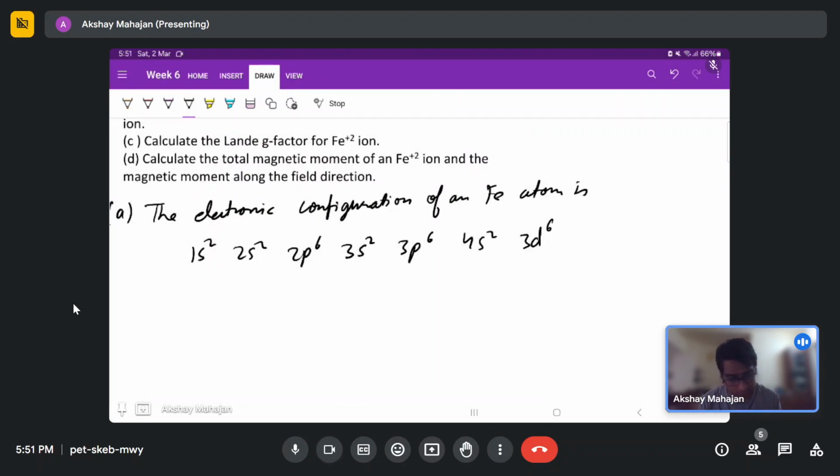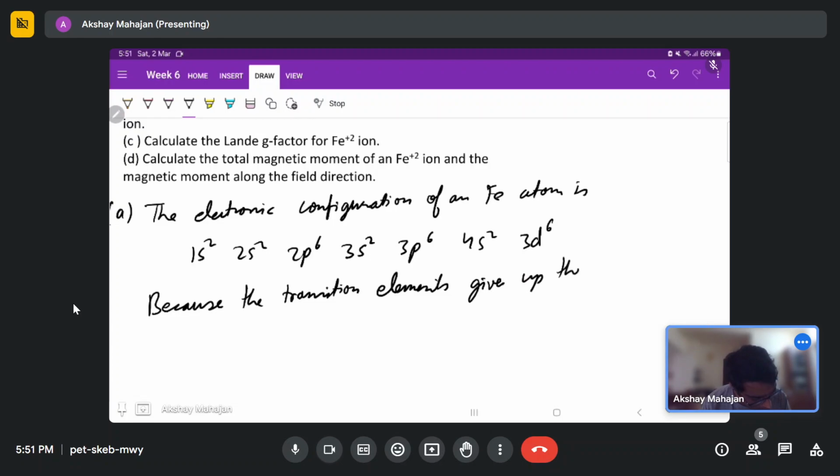So here we should know that the transition elements give up their 4s electrons before they give up their 3d electrons on ionization.